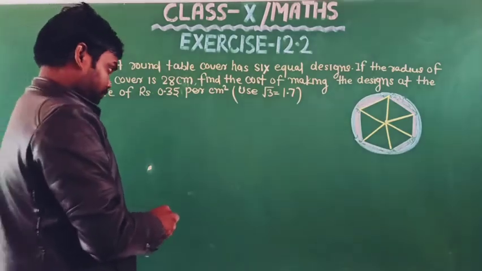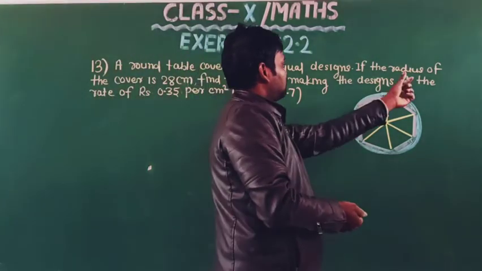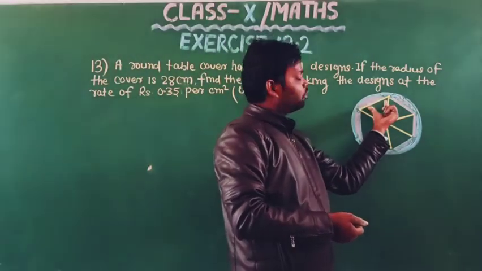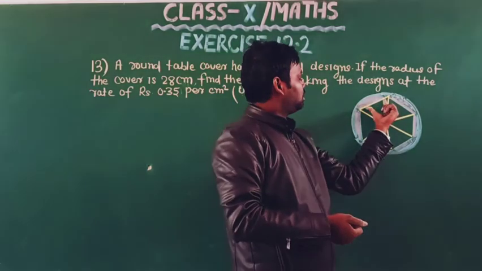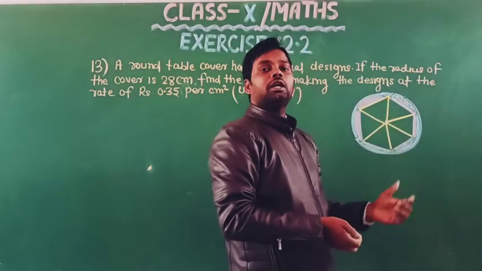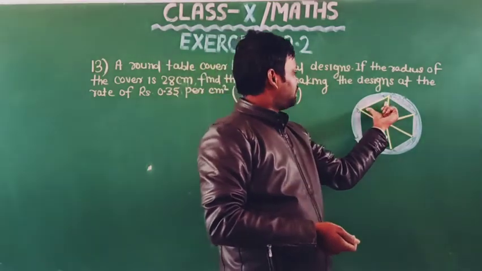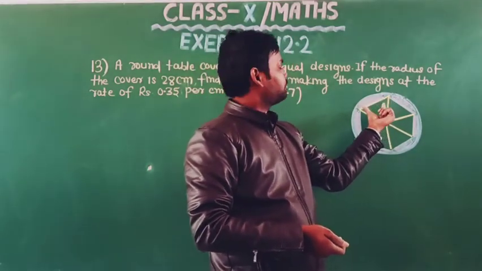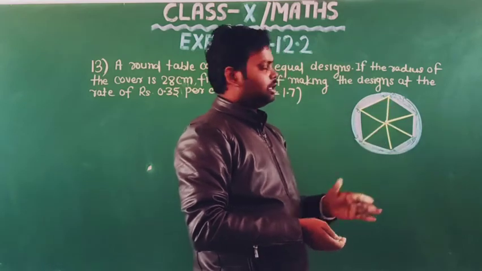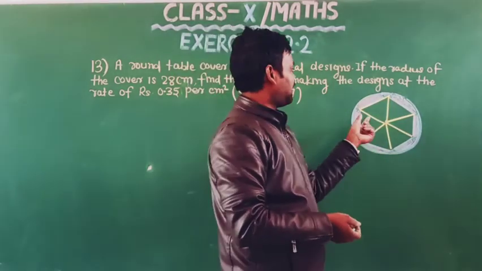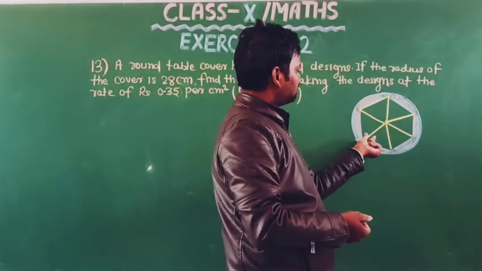So we have to find the area of one segment of a circle, and after that multiply by 6.